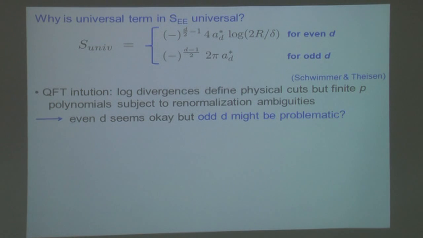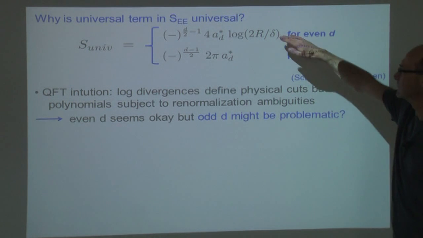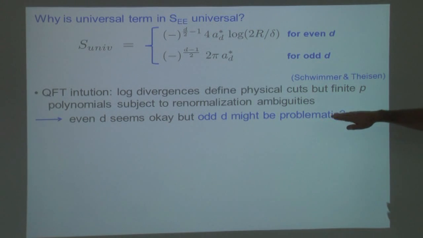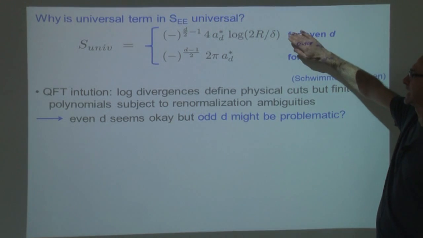But I can also find contributions that are finite polynomials of the momentum, and those can be subject to renormalization ambiguities. And so finite terms like that aren't seen as physical, or they depend on details of our regulator, if you like. So here I've got a log divergence in an even number of dimensions, and so that seems okay.